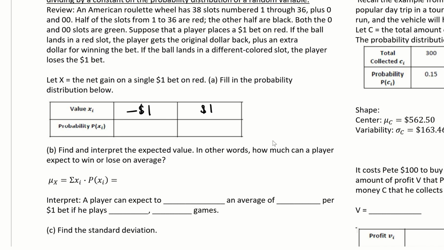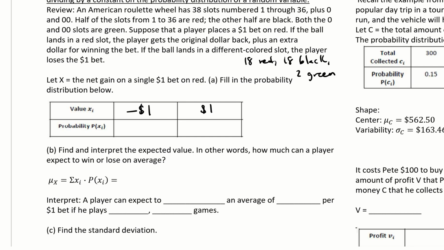Okay, so then the probability. What's the probability of a net loss? Well, as it mentioned here, half of the slots from 1 to 36 are red, right? So that means there's 18 red, there's 18 black, and then there's 2 green, right? The 2 green are the 0 and 00 slots.